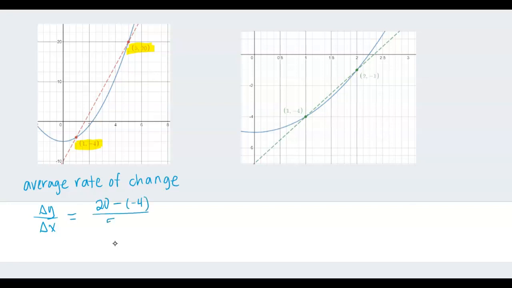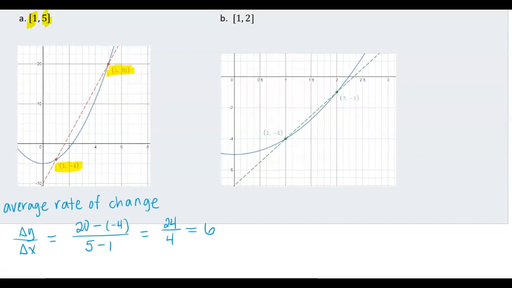And then a 5 minus 1. So in this particular case, we're getting, what's that, 24 over 4 or 6. Looking at that line, I can see it does look like the slope of that line is 6. It's pretty steep and it's positive, right?